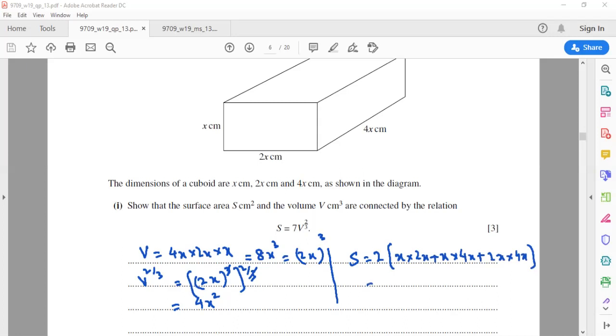Now if you simplify this, it takes you to 2x squared plus 4x squared, 6x squared, and 8x squared, so it becomes 14x squared. So it becomes 28x squared. If we write it like this, can we write it 7 into 4x squared? And we see 4x squared is equal to V power 2 over 3, so it becomes 7V power 2 over 3.